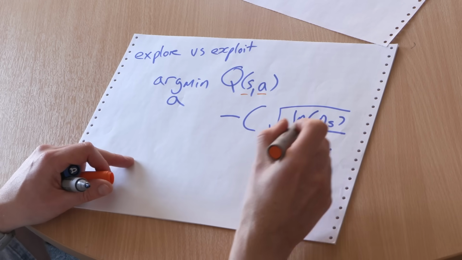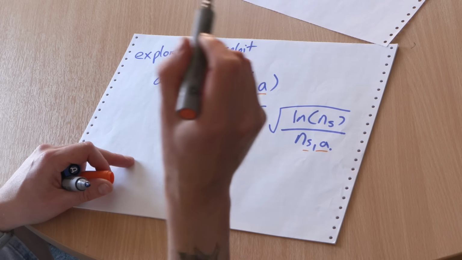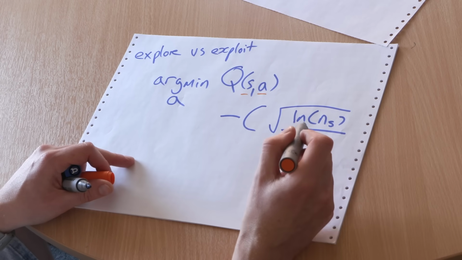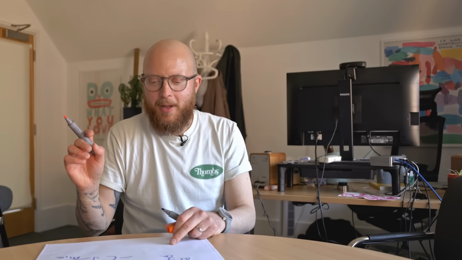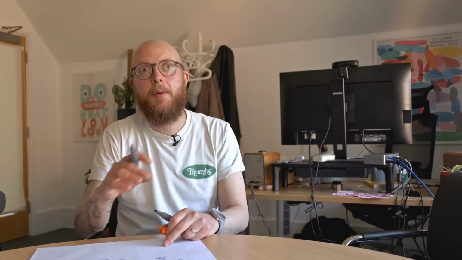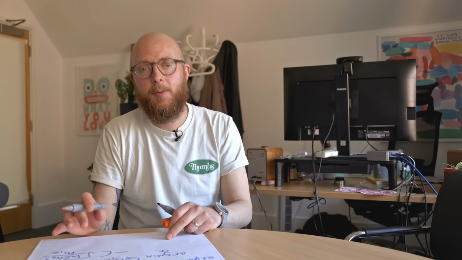And this means basically the more times we've taken it, the smaller amount we're subtracting. And that means the actions we've taken more, we want to explore less. Okay. So actions that we've visited less get a bigger bonus because we're minimizing. And so this is the way of balancing exploration and exploitation.